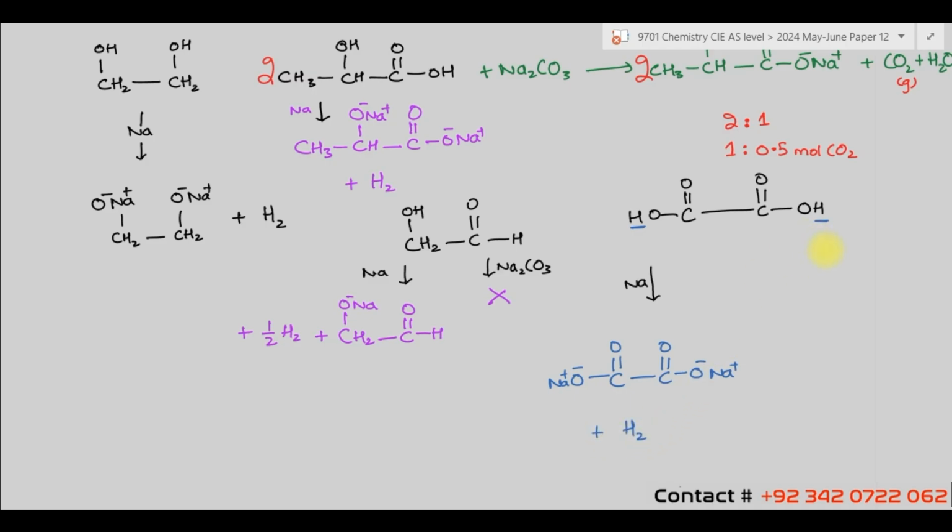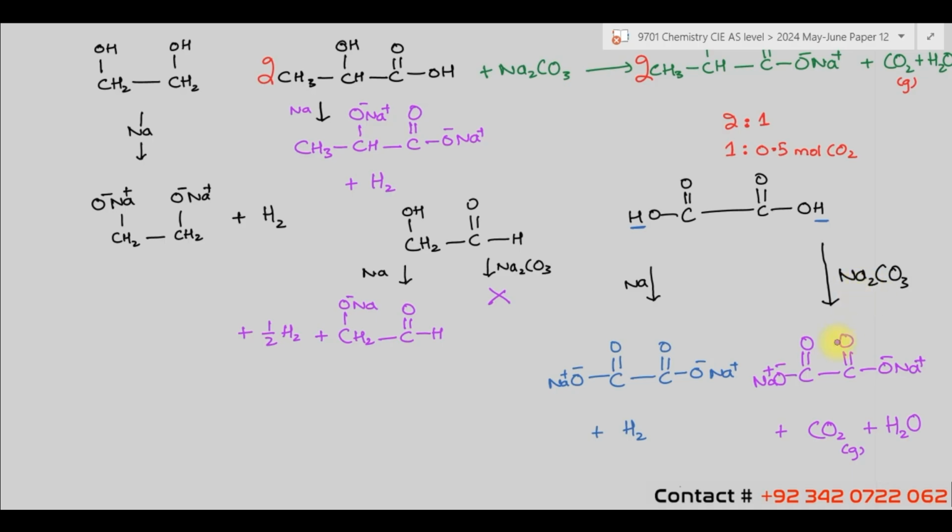Now doing the same with sodium carbonate. C double bond O, O negative and Na positive, sodium salt, plus CO2 plus H2O. Okay, now in this case, carbon dioxide is gas. So let's see how much CO2 is formed.